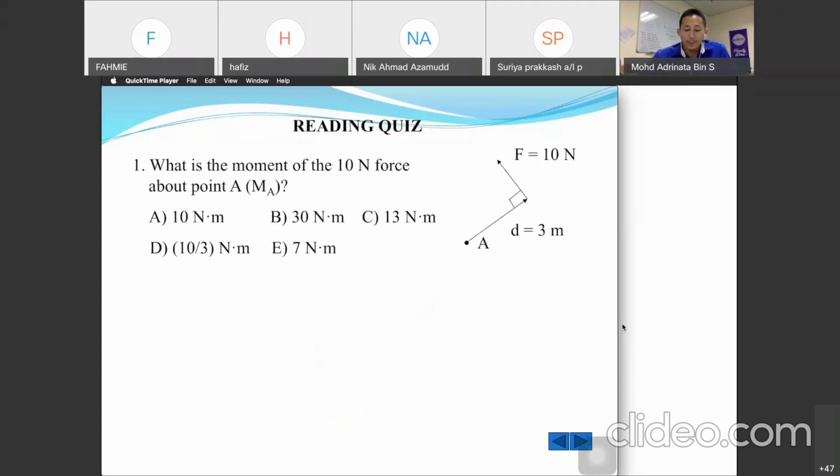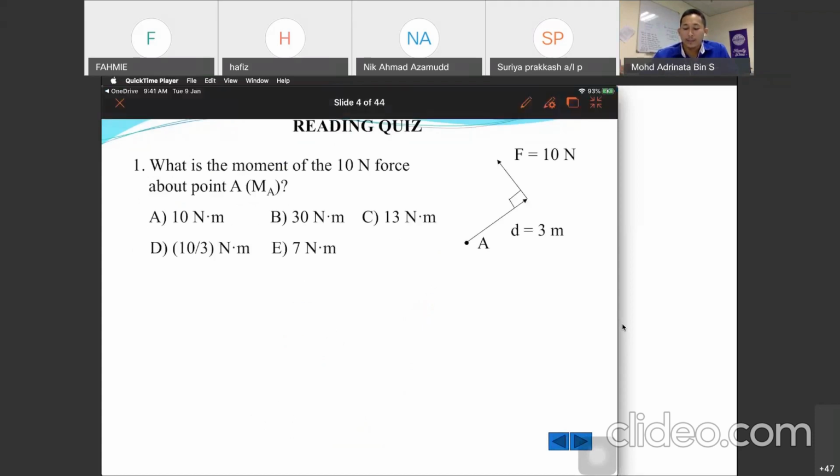What is the moment of the 10 Newton force about point A? So our point of action is at A. This is our point of action.